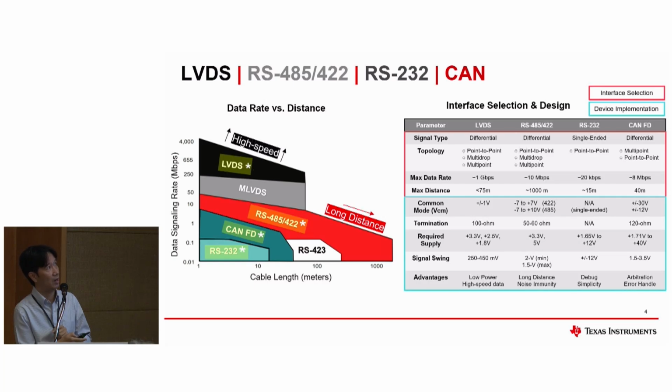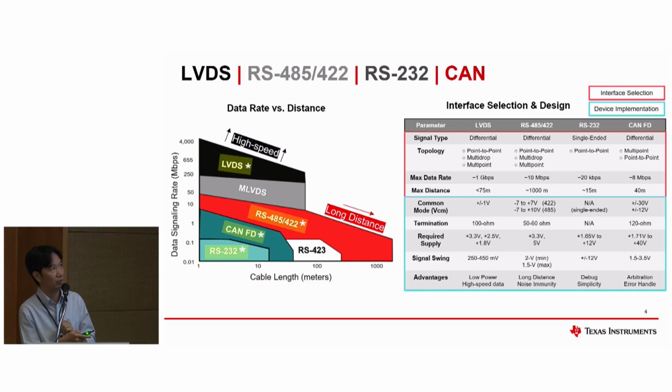For interface selection, what kind of interface do you need for your design? That will be based on parameters like signal type, topology, data rate, and signal length requirement. You will decide which standards can fit your design requirement. For example, if you need differential, you can consider LVDS, RS-485, and CAN FD.